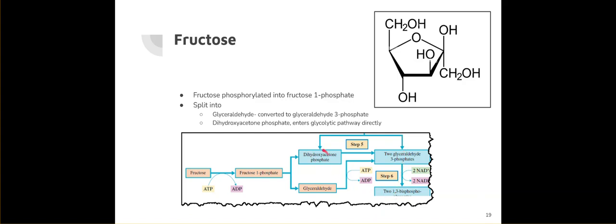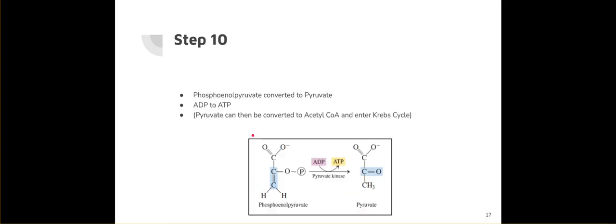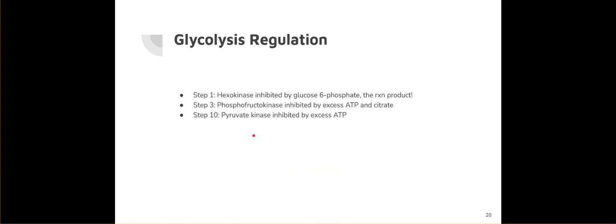And this dihydroxyacetone phosphate can also be converted into this. And so fructose also gets converted and feeds into that glycolysis chain. Any questions there? So our glucose is getting consumed down, and then our fructose and galactose get converted and inserted into the process as well. Okay.